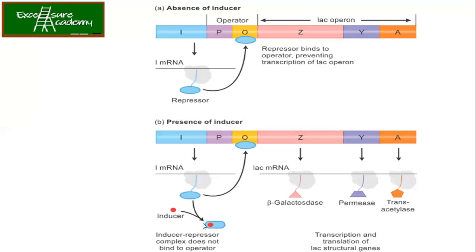There will be a conformational change. Because of that, the repressor is no longer able to bind to the operator, so the operator is now free. Hence, RNA polymerase will go and bind over here, synthesizing these mRNAs, resulting in the expression of beta-galactosidase, permease, and transacetylase. Clear? Simple, right?